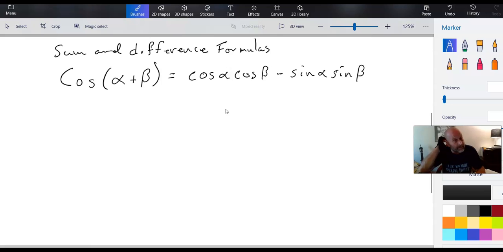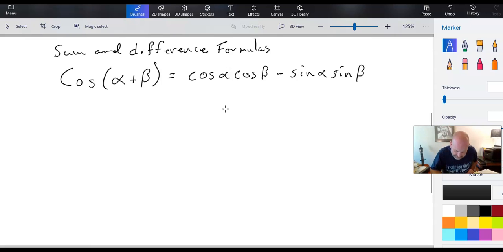It's just a way of converting things. If it's an angle you don't know the cosine for and can't find from the unit circle, and you can break it up into two angles that you know the sine and cosine for, you can plug it into this formula.